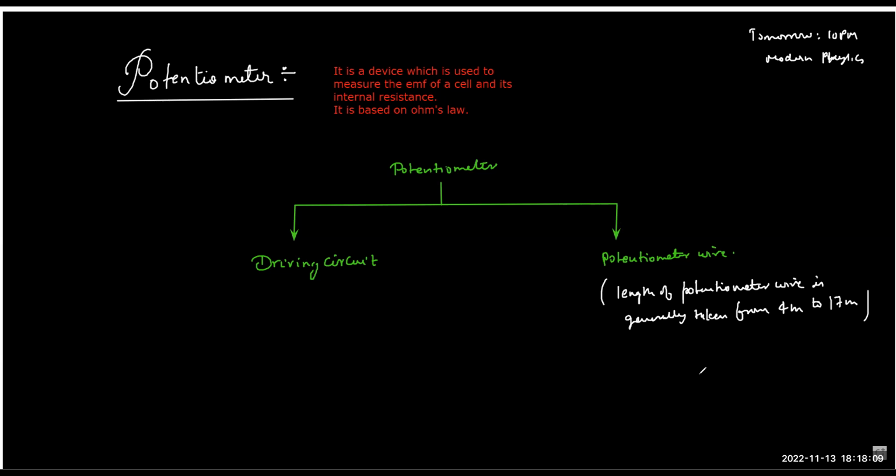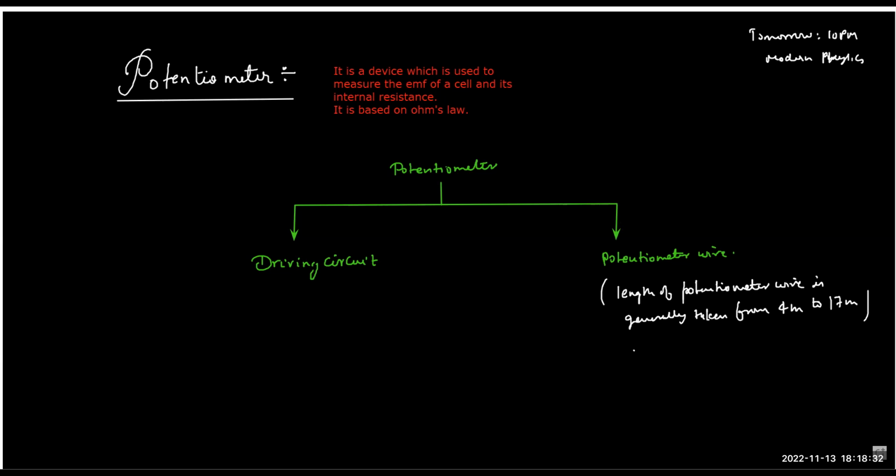So potentiometer wire is generally fitted on a bench, and the bench is put in one corner of the lab. So earlier we used to have the wooden bench, and on this wooden bench you can see there is a wire put, and the weight is put something like this.